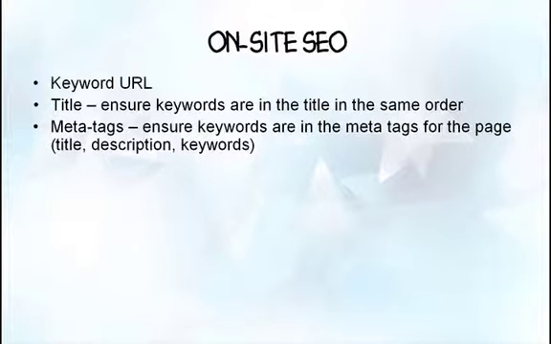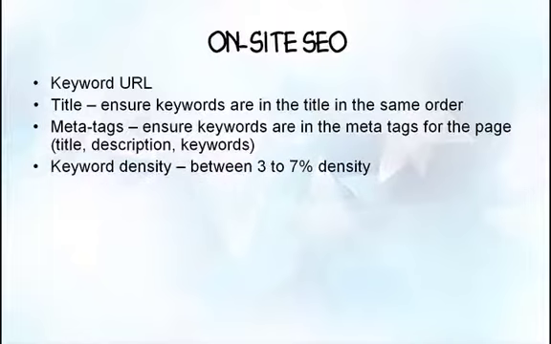Also, you need to do the same with your meta tags. Now, your meta tags are those tags you can't see on the page, but your title goes up in the title bar on your browser. Then there's a description and the keyword list that goes with it, and those are looked at by the actual search engines when they're page ranking.